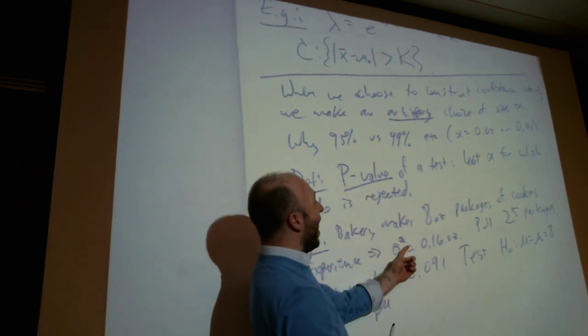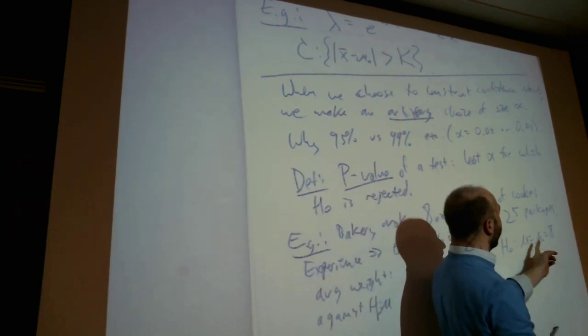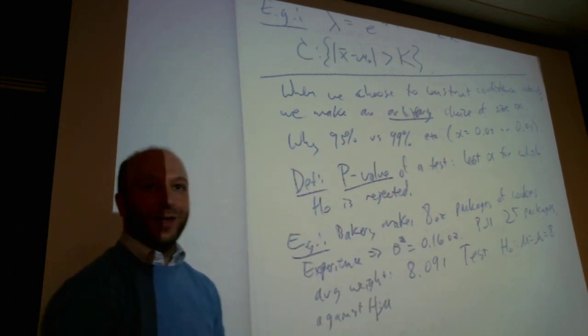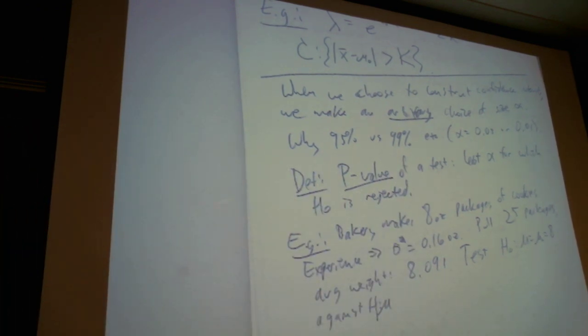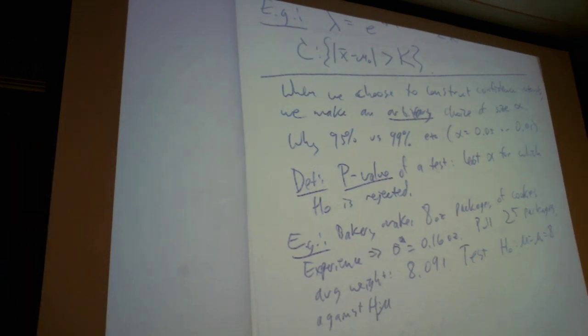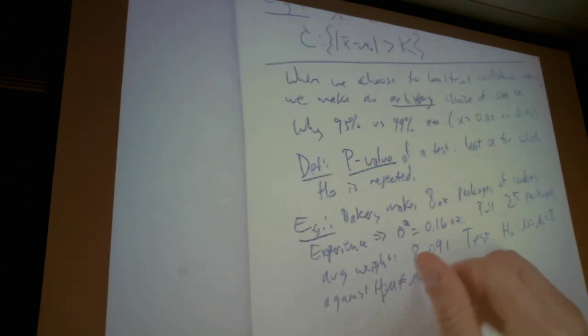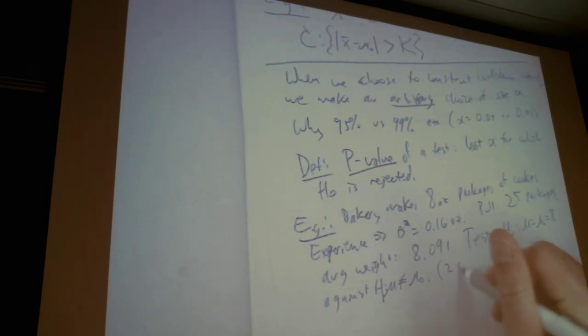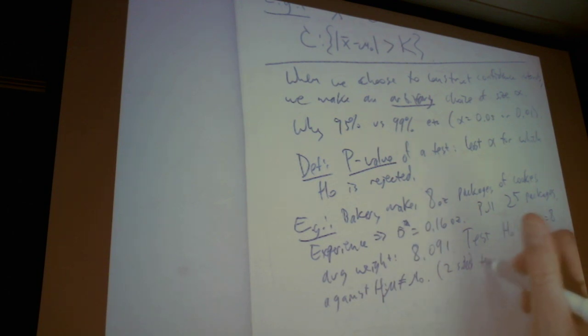If the weight is too high, then we're giving the customer more than they paid for, and we're going to lose money. If it's too low, some customers will notice and will complain, and we don't want that either. So let's actually test both sides. This is a two-sided test.